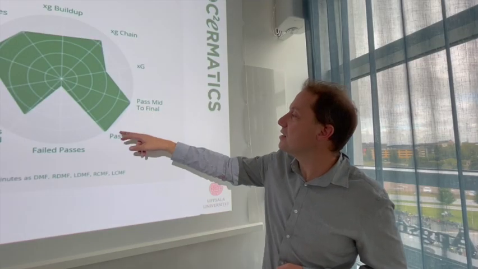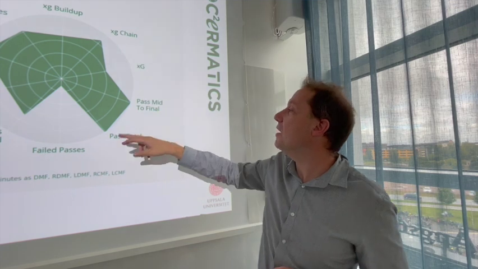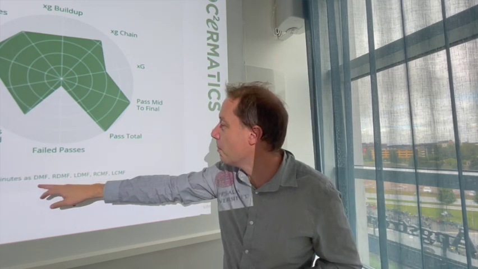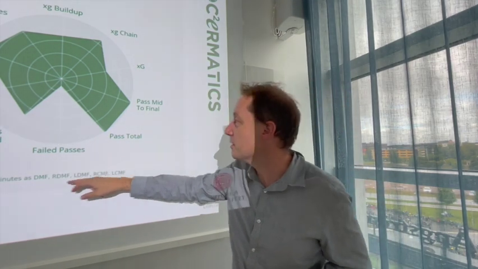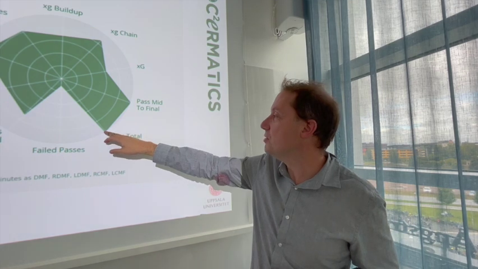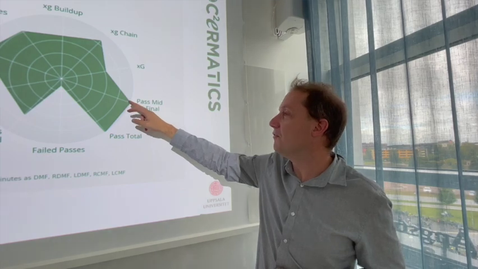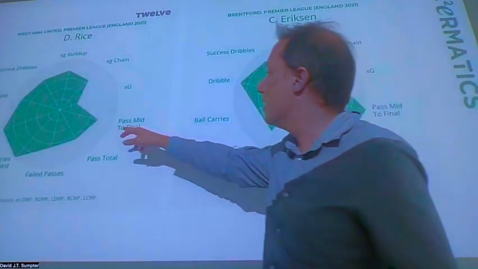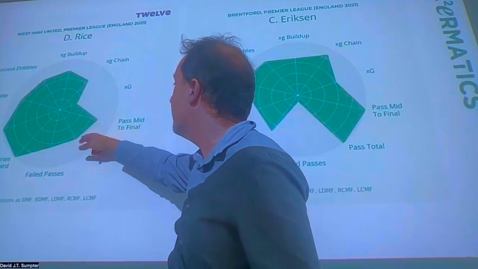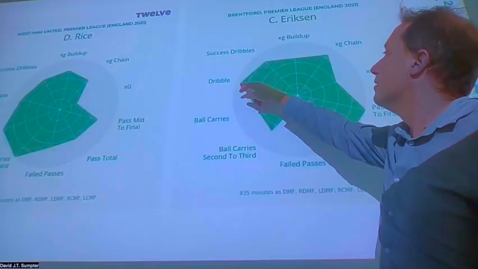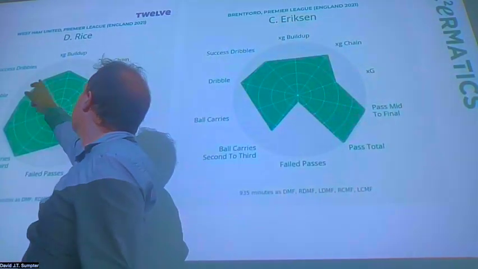You can see Christian Eriksen, whom I picked because in his season at Brentford he was top out of all players playing in these midfield positions in terms of danger produced by passes, and passes from the mid to the final third. Declan Rice, on the other hand, was rated maybe top 75% in these particular qualities. He was stronger on ball carries, but again, Eriksen is a little bit stronger on dribbles.